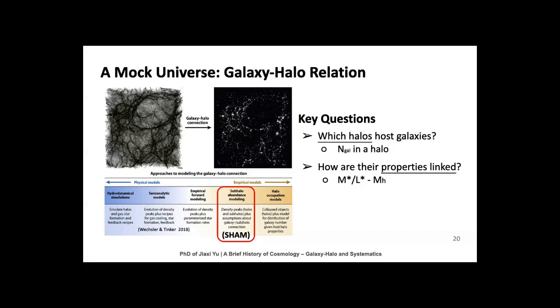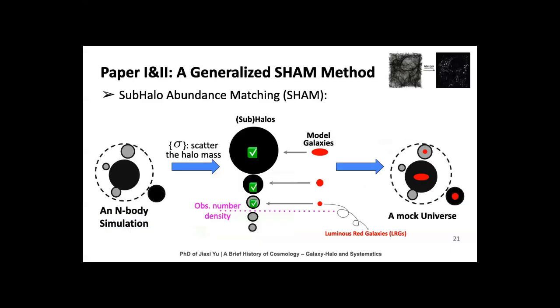And also you want to link the properties of your stellar mass to the halo mass, and how do we compute that? There are two different ways to do that. Either you do that with a galaxy halo model, or you use sub-halo abundance matching, and we've been focusing on this methodology. So you have your N-body simulation.